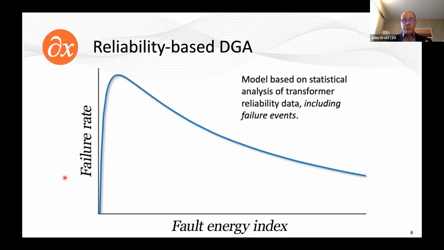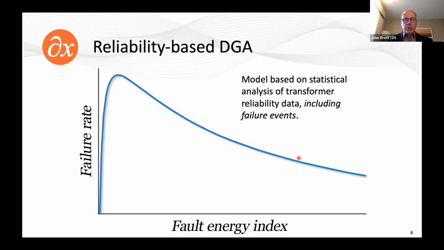And what we learned is that the likelihood of failure changes as the fault energy index increases. So if a transformer has never gassed before, it doesn't matter if it's a brand new transformer or a 30-year-old transformer, if it starts gassing, the likelihood of failure will rise very quickly, come to a peak, show a certain level of robustness, and then gradually start coming down as it demonstrates a very robust transformer.